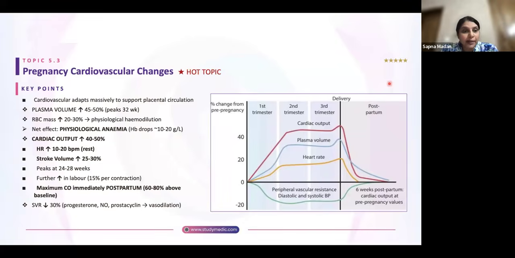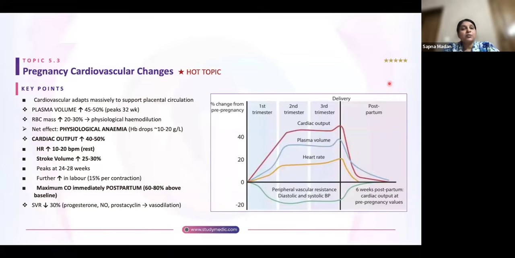All right. Again, a little bit more. In pregnancy, the cardiovascular system adapts according to the requirements of pregnancy. There is a baby growing inside, so it has to support the placental and the fetal circulation. The plasma volume will increase by 45 to 50%, and it peaks at around 32 weeks.